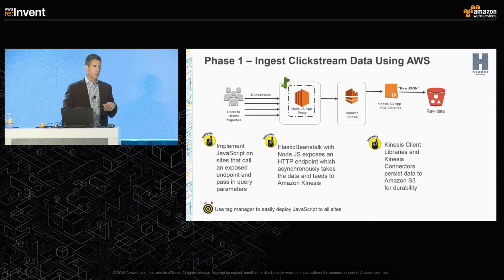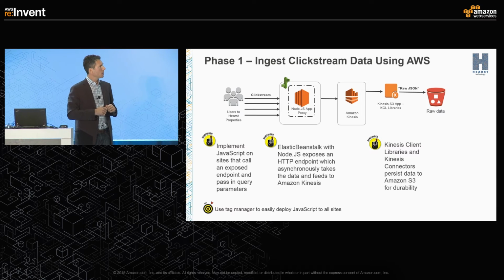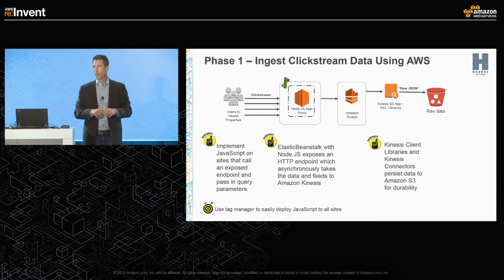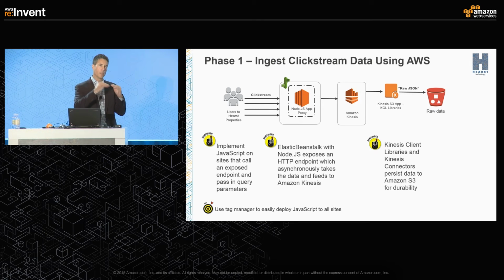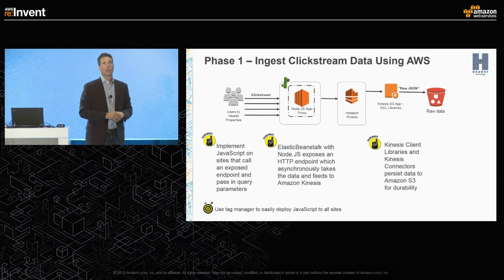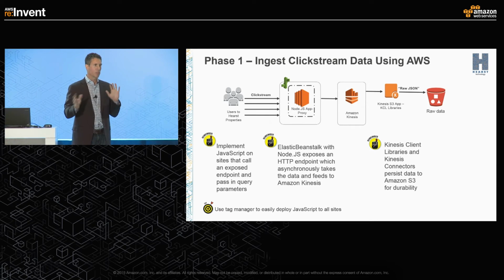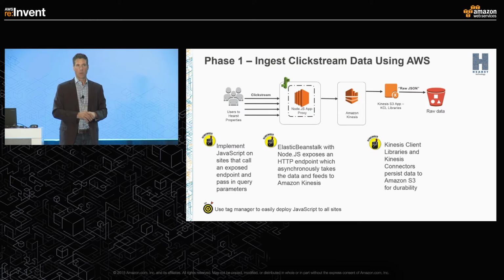This was in the days before the announcement of Firehose. So we had a KCL library also, which pushed the data into an S3 bucket. I'm basically trying to create a data lake in S3 of all of our Clickstream data. My first job is to get every action on every one of our websites stuck into S3.